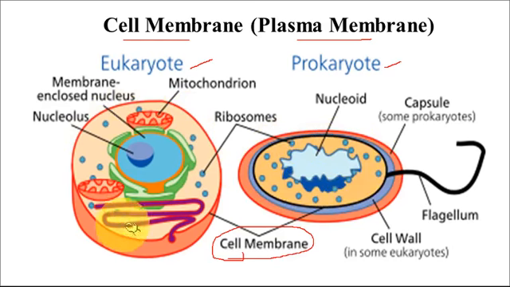This cell membrane lies below the cell wall. Outside this, the cell wall is there, the outermost layer. Below the cell wall you find the cell membrane or plasma membrane that surrounds the total protoplasm.